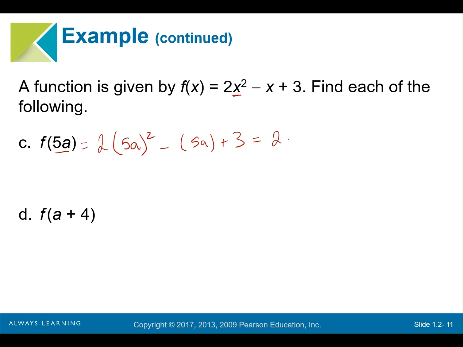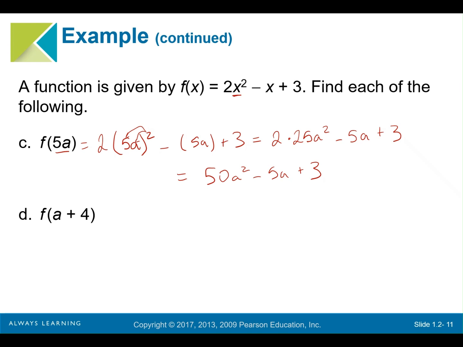So I'm going to have 2 times, when I have a square like this, it goes to both values. So I have 25a squared minus 5a plus 3. And I'll simplify that one more step to have 50a squared minus 5a plus 3.